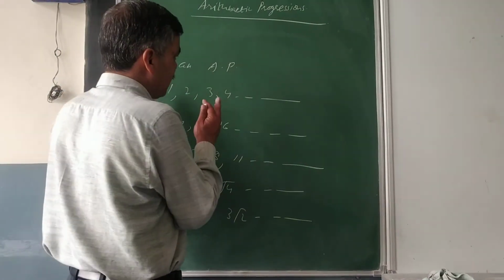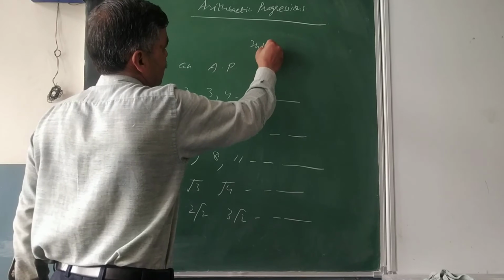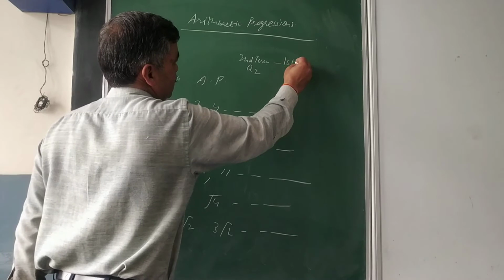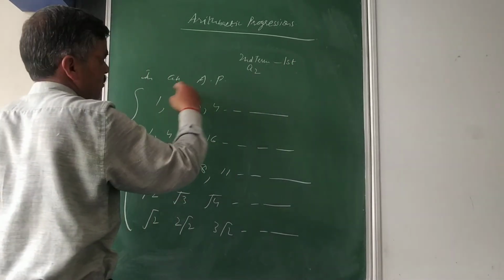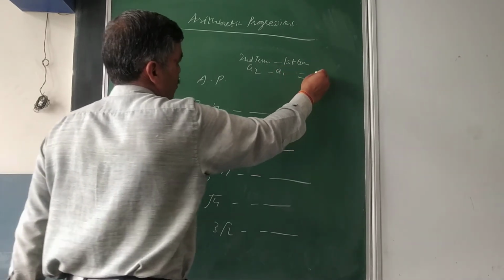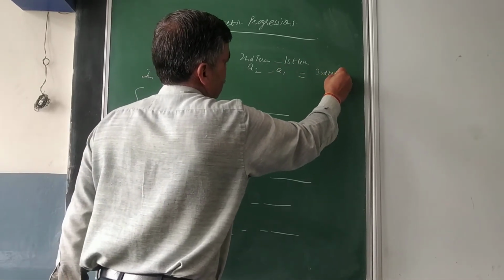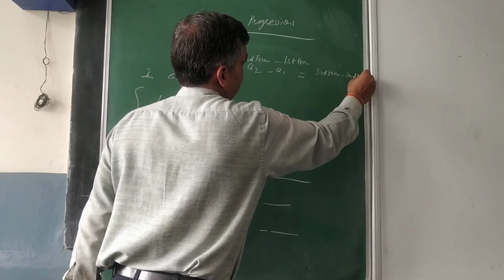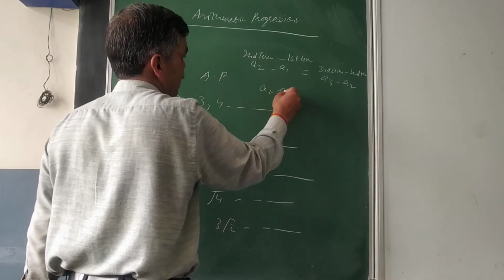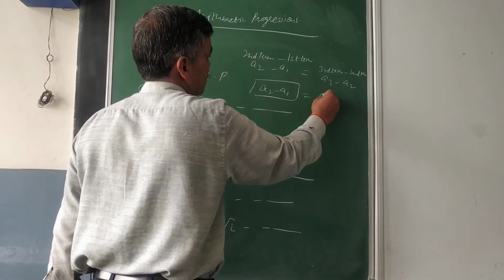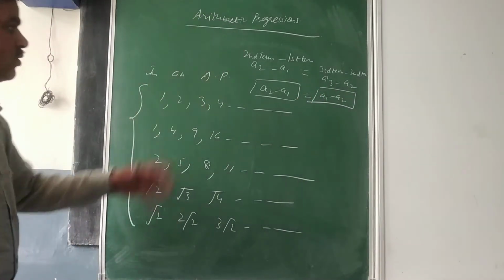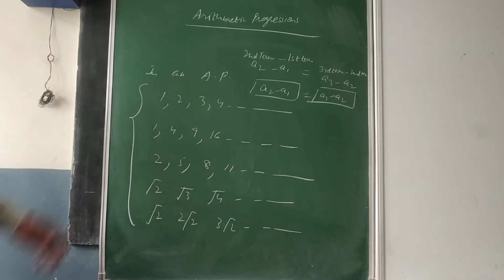So very simple: if the second term minus the first term, that is A2 minus A1, is equal to the third term minus the second term, that is A3 minus A2. Anywhere, if you find A2 minus A1 is equal to A3 minus A2, then within the first three terms you will be able to identify that the sequence is an arithmetic progression.